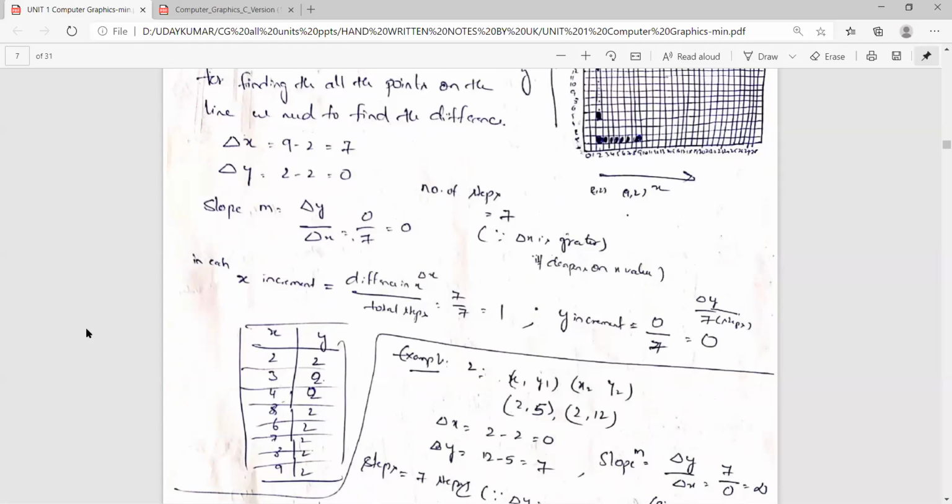So each and every time we have to increment the x value by 1 and the y value by 0.